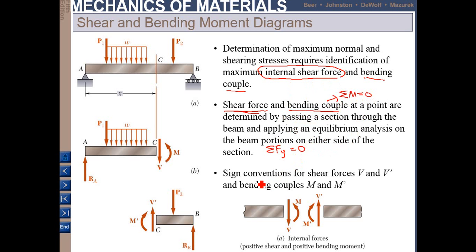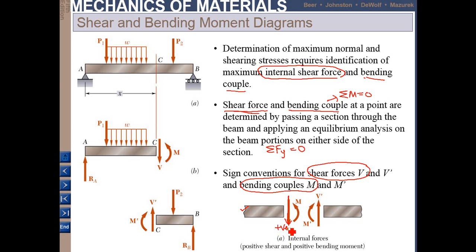Okay, this is the sign convention for shear forces. Shear force is denoted as V in this chapter, and bending couple is denoted as M, moment. If you solve the problem from the left, you will actually section the beam from the left. If the shear comes downward like this, this is positive.